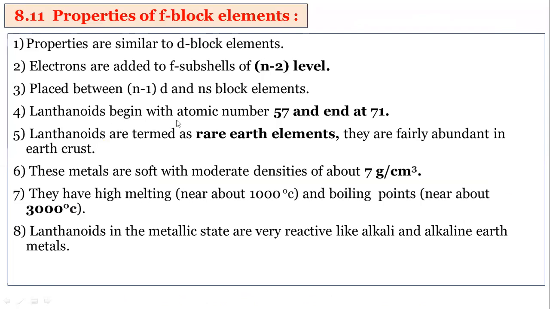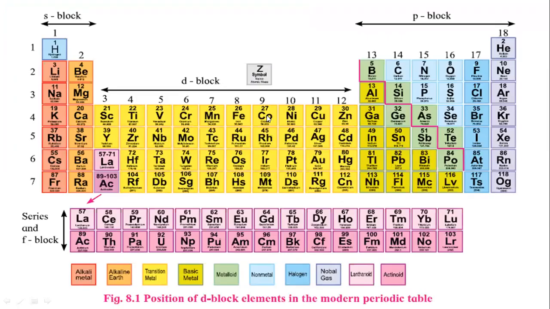The lanthanides begin with atomic number 57. See the periodic table. The lanthanide series begins with 57 and ends with atomic number 71, which is lutetium. The names, atomic number, symbol, and electronic configuration are given in the next part.